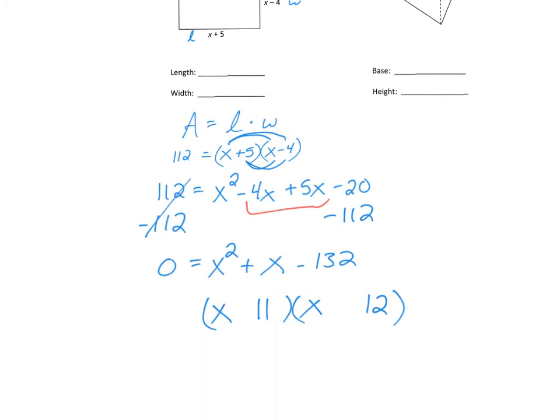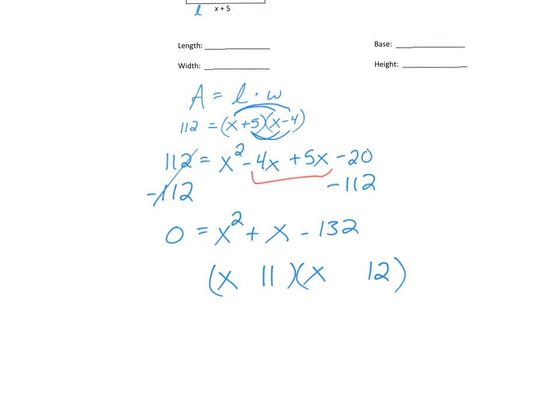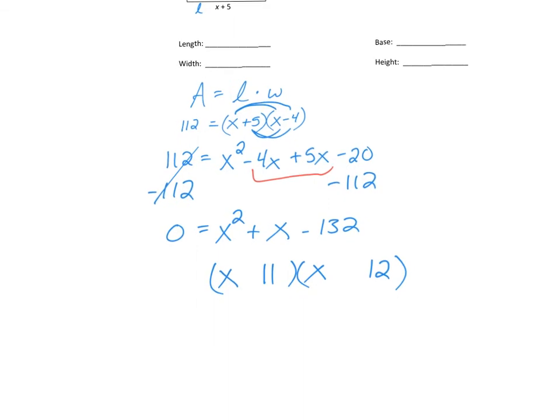How can you make 11x and 12x add up to a positive 1? Twelve minus 11. Yeah, we want a positive 12 and a negative 11. Exactly. So we get 0 equals x minus 11 times x plus 12.